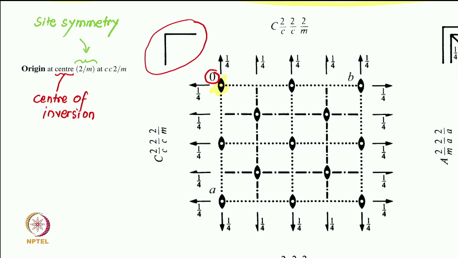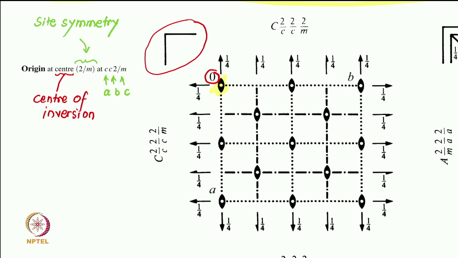Now, there is further information given here, that the symmetry at this location is C C 2/m. So, let us see this. This is an orthorhombic group. So, the three symbols correspond to the A axis, B axis and C axis.